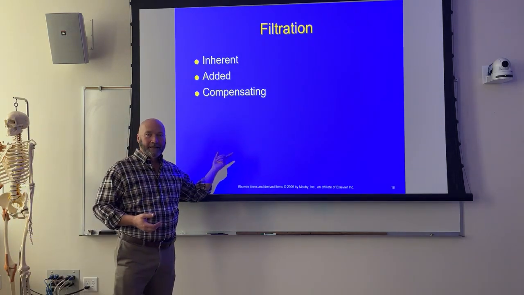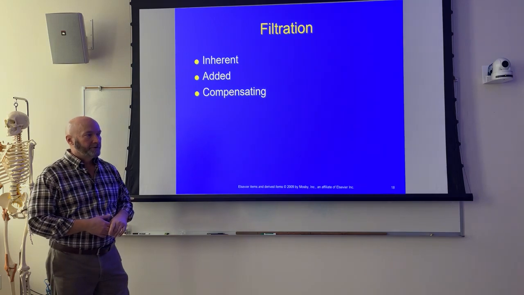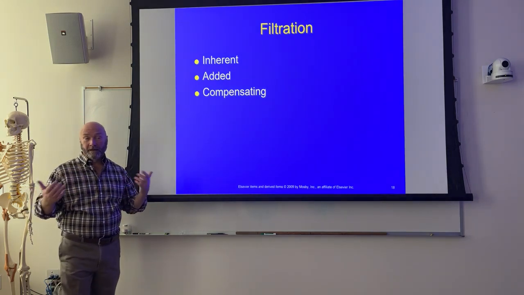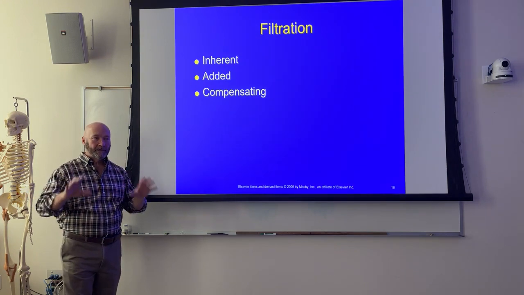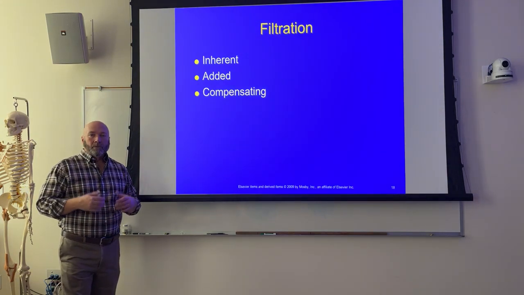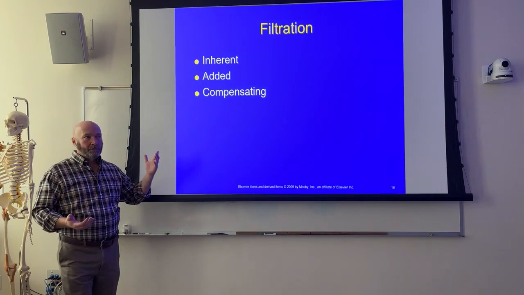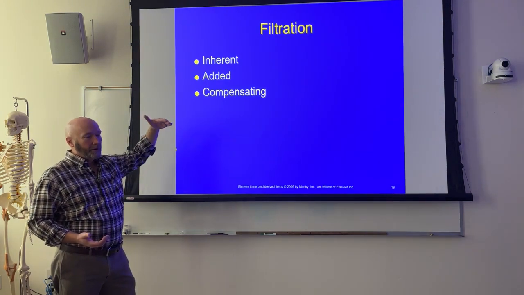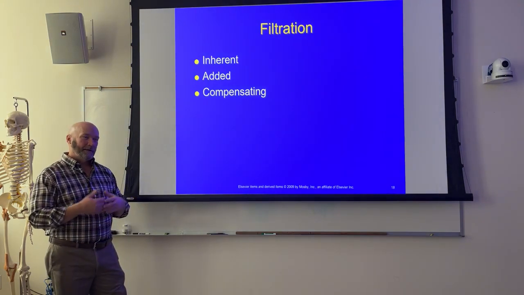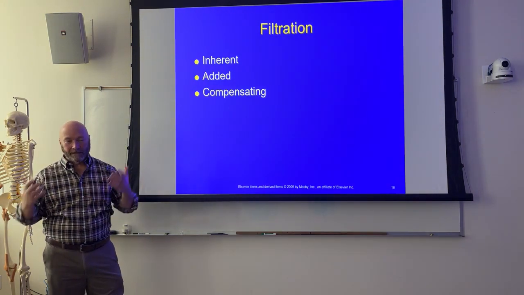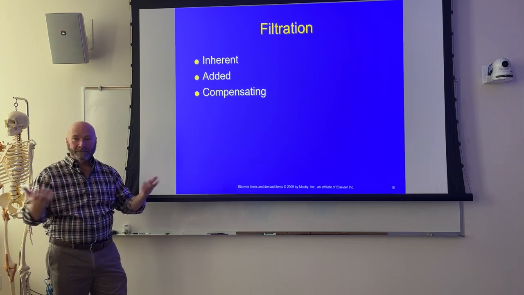Where we used to see that a lot is in compensating filters, because we didn't have the computer algorithm to even out the tissue density differences on the image. What we had to use was a compensating filter that would compensate for tissue density differences. And where we would use those, and you've never seen these images, so you've got to kind of try to imagine it.